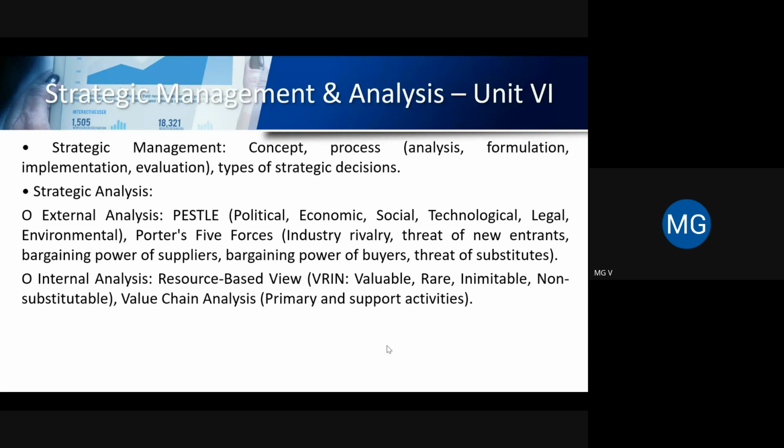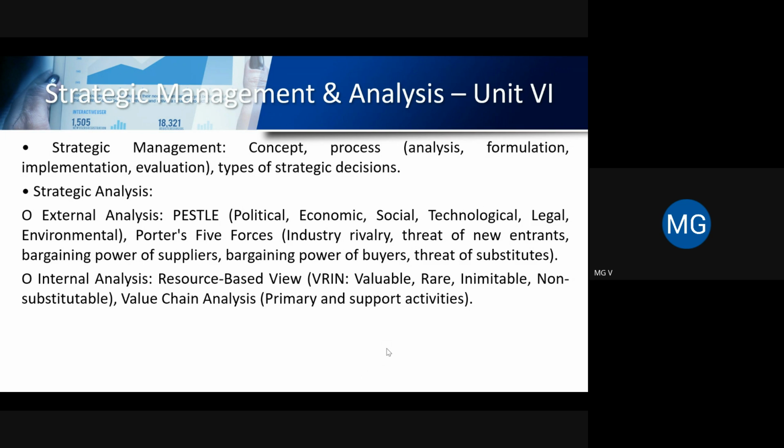Internal analysis focuses on the organization's resources and capabilities. The resource-based view suggests that a company's competitive advantage comes from possessing valuable, rare, inimitable, and non-substitutable resources. That is, we are talking about the VRIO framework for organizational appraisal here.